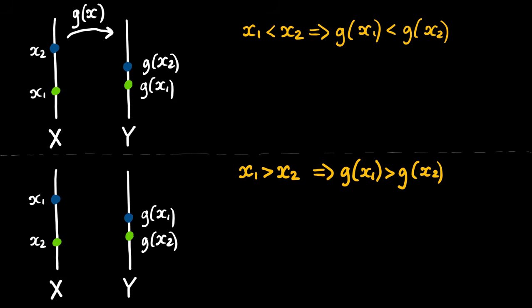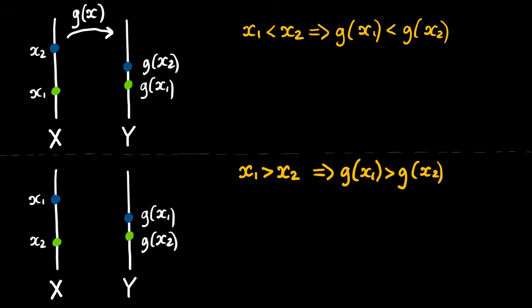We can think of a function as a transportation company between the domain and the range. It takes points in the domain and it transports them to the range. And the order preserving property of a strictly increasing function means that for any two values that we pick in the domain, like the blue and the green dots here, when they arrive at the destination in the range, they'll be in the same order.